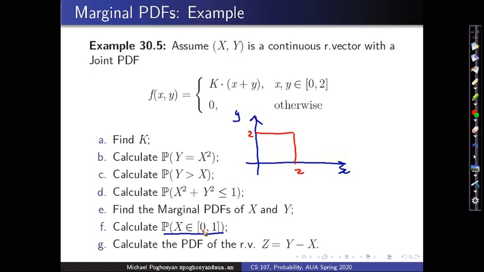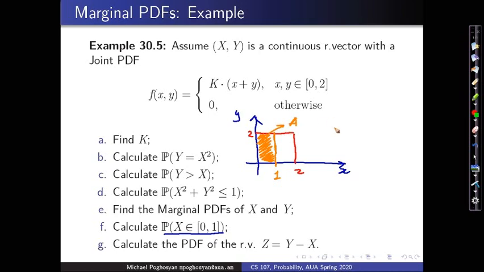So x is between 0 and 1. So this is 1. So x is between 0 and 1, and y is arbitrary. That means that we are talking about this region. So x is between 0 and 1, y is arbitrary, and we need to intersect with this support, with this square. We will have just this.